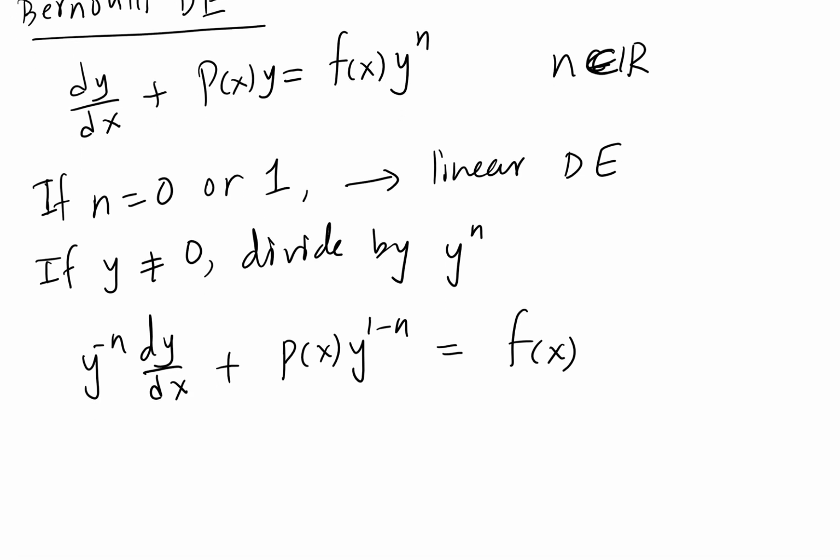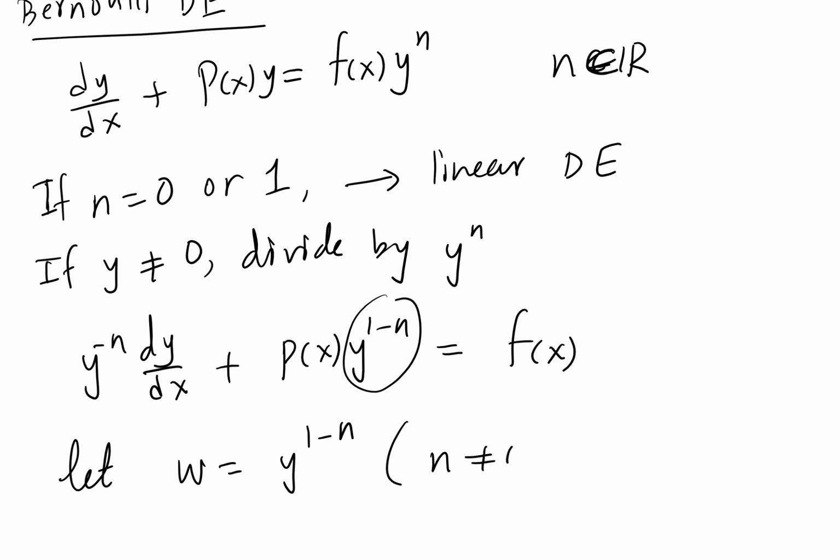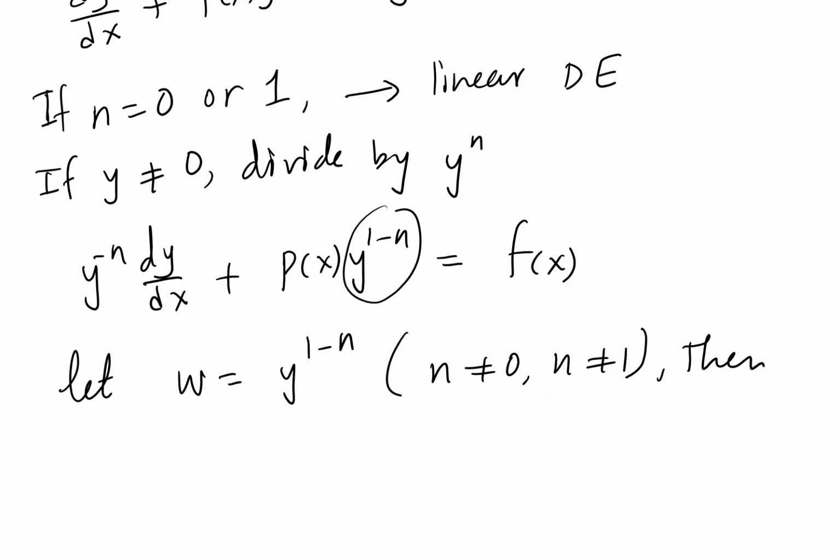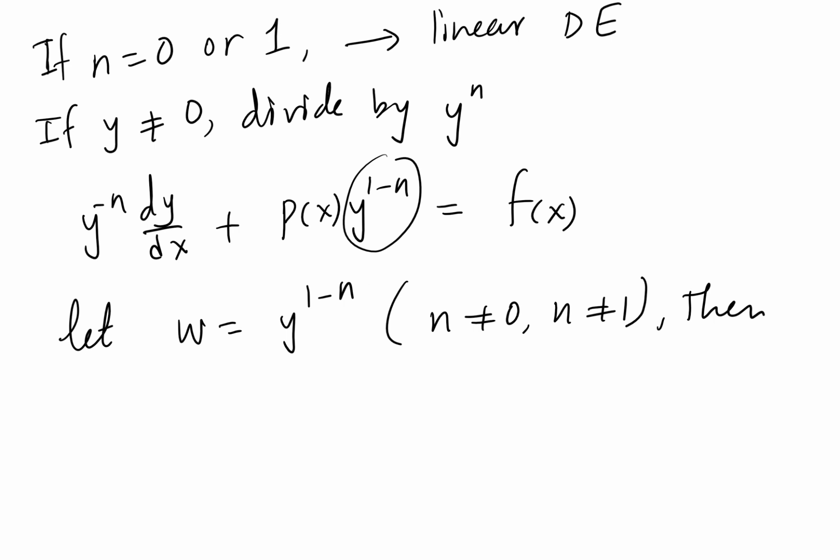To solve such an equation, the procedure is this. We let w be y to the 1 minus n, this term here. And keep in mind, n cannot be 0 and it cannot be 1, otherwise it's linear. Then what we can do is differentiate both sides with respect to x.